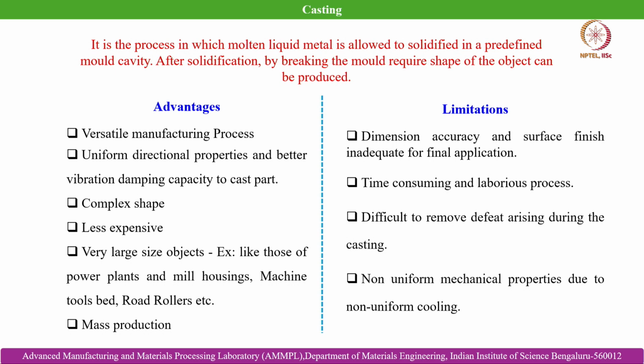Another important difficulty is the non uniform cooling of different sections, which leads to inhomogeneous mechanical properties at different cross sections of the cast parts. So, these are the limitations.